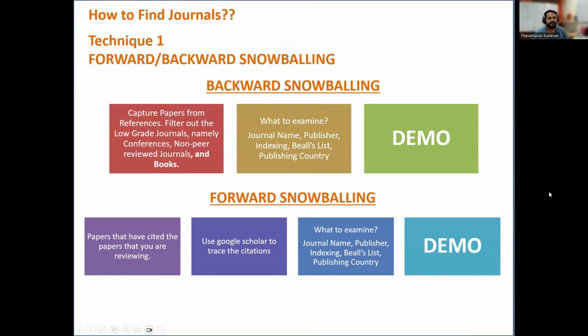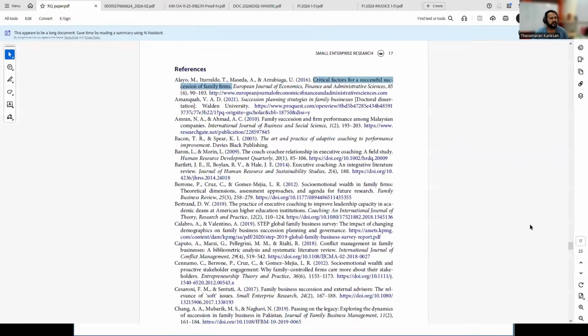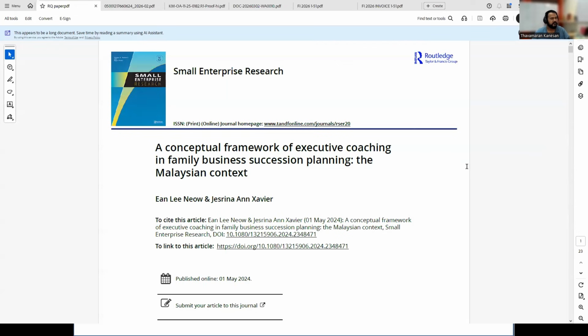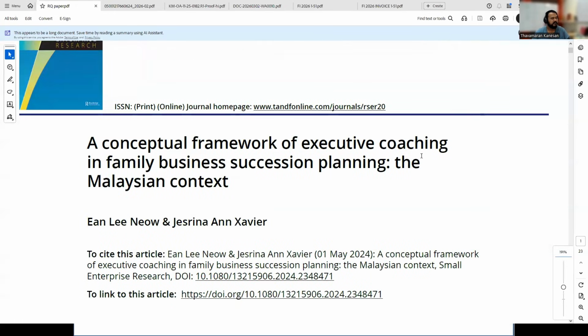From here, let me pick up this example. Let's say I take this particular paper: a conceptual framework of executive coaching in family business succession planning.